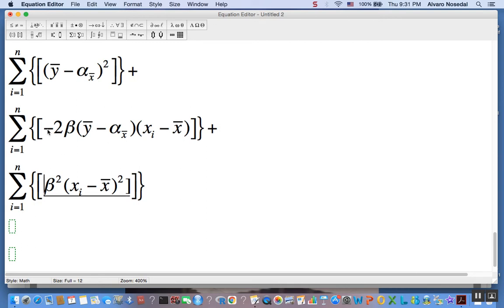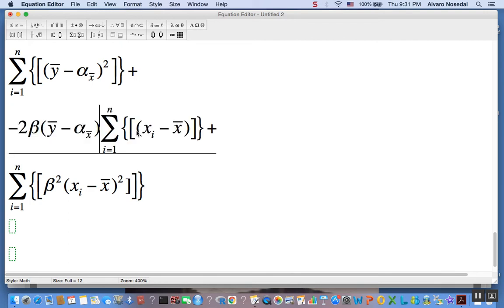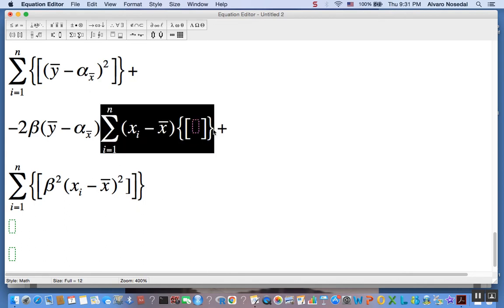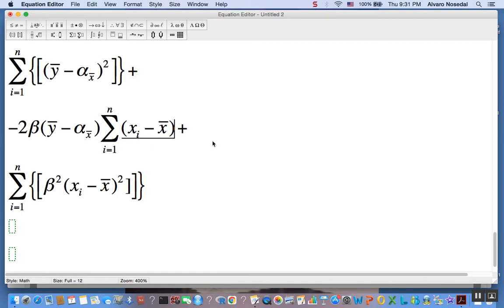Anyway, this is a common factor, right? Can you see that? Minus 2 times beta times y bar minus alpha x bar, and that doesn't depend on i. So we just pull it out. Summation of xi's minus x bar. Now, this one, beta squared, is also a common factor. Let's pull it out.